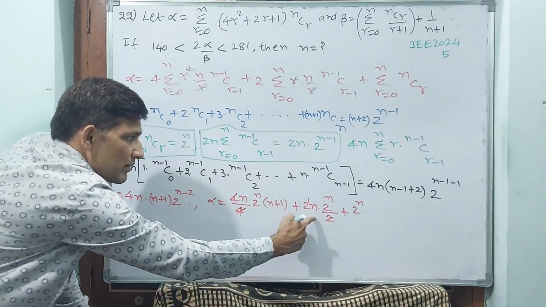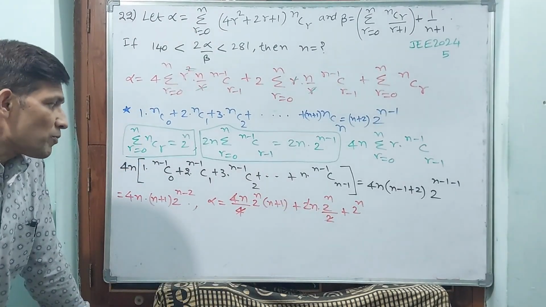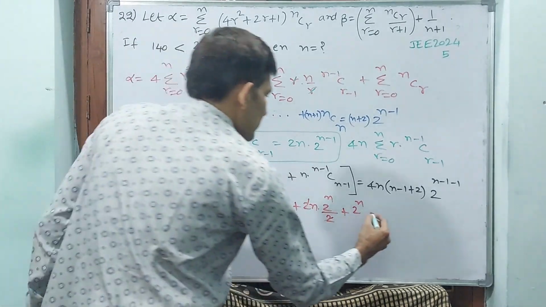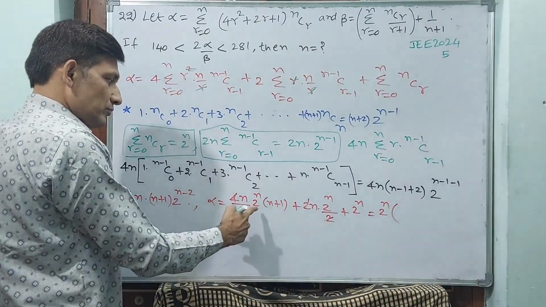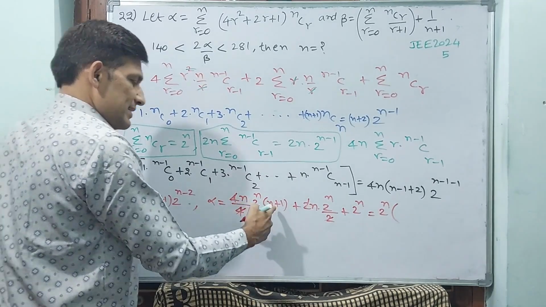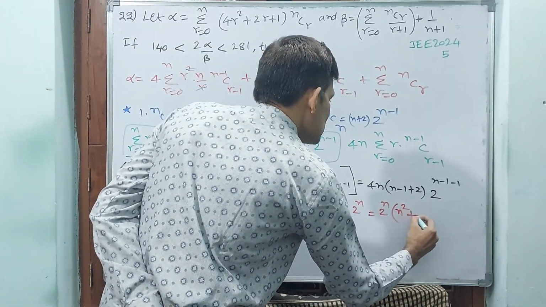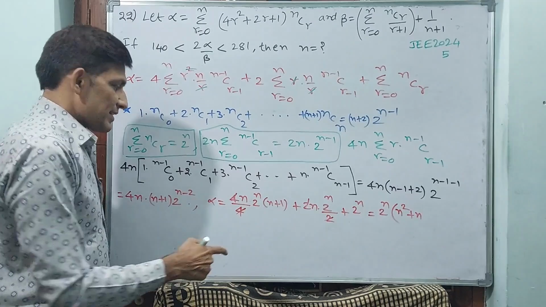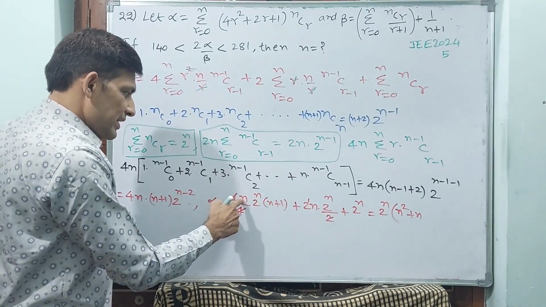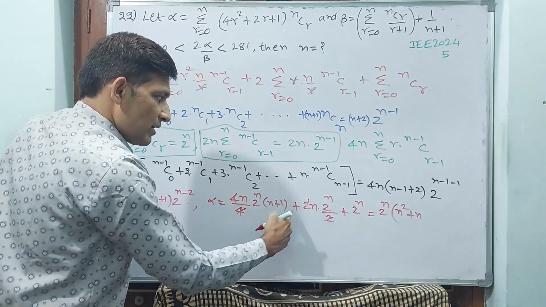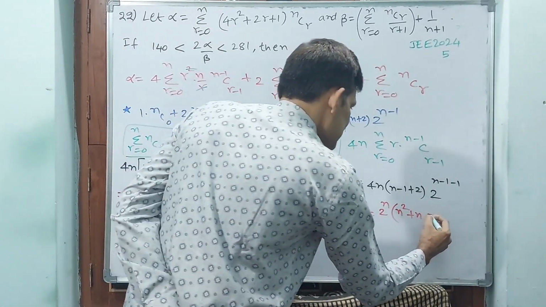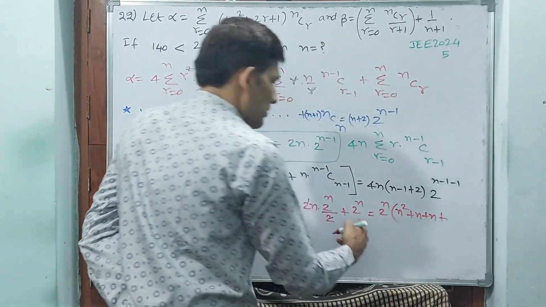Shall I take 2 power n common? Yes, definitely I can take 2 power n common. That is equal to 2 power n if I take common, n square plus n. Because I don't want to keep another parenthesis inside. 2n if I take n into n square plus n. Here 2 power n already gone outside, only n. Plus here 1.